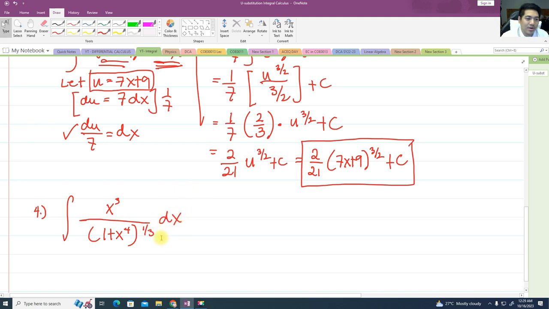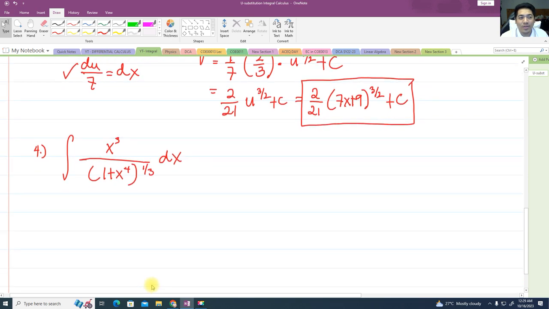Usually the key in U-substitution is that most of the time, the term that has a high exponent, let's say raised to 7, 6, 10, or 100, is the term we're going to let as u. So in this case, we have x cubed all over (1 plus x raised to 4) raised to 1/3. My question is, which of the two, x cubed or 1 plus x raised to 4, can be used as u?